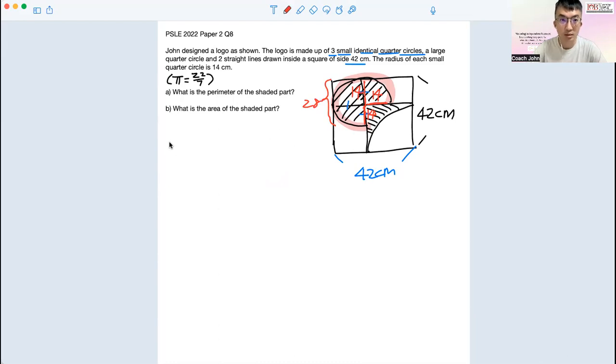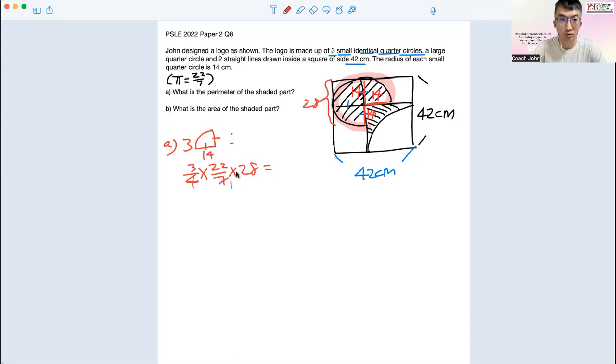And then in this case, for part A, we'll have three quarters, three quadrants. Okay, so 14, and that's 3/4 times pi 2 pi r or pi d. So pi d, so 2 times 14 is 28.